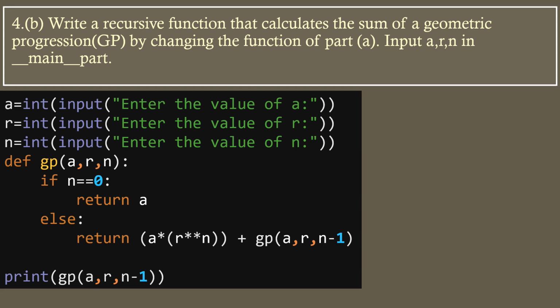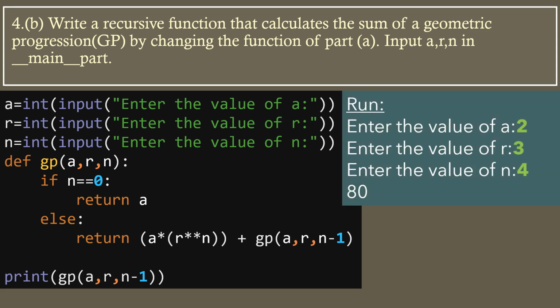Okay, so like this, the number of terms you have passed as n. So once n value will become 0, then it has to return simply a. We have called this function gp a, r, n minus 1 because we want n minus 1 number of terms. So we have passed the value over there as n minus 1.